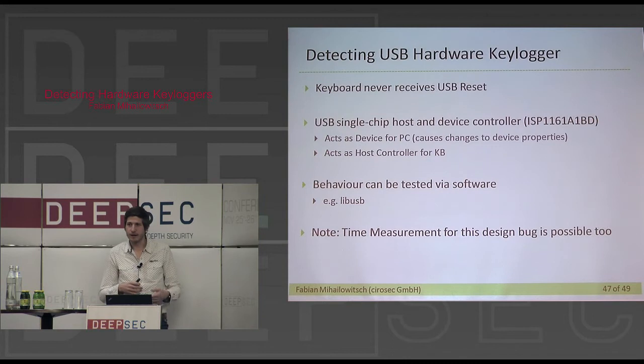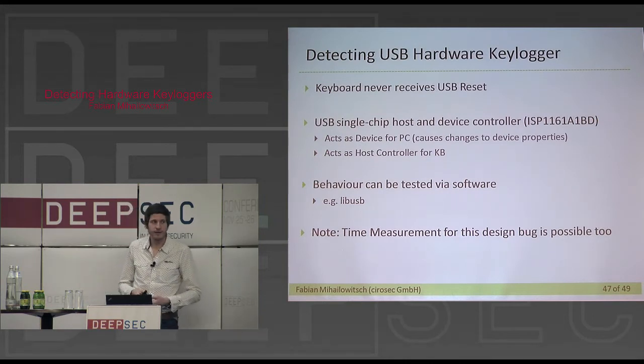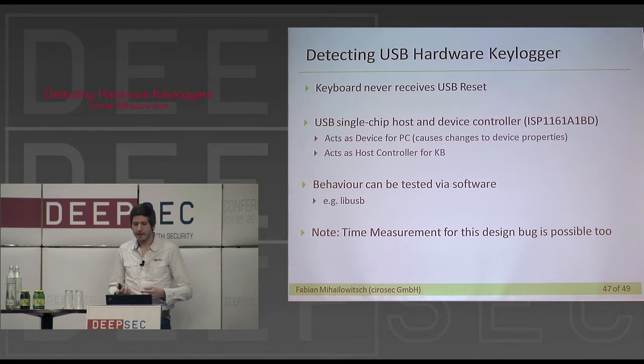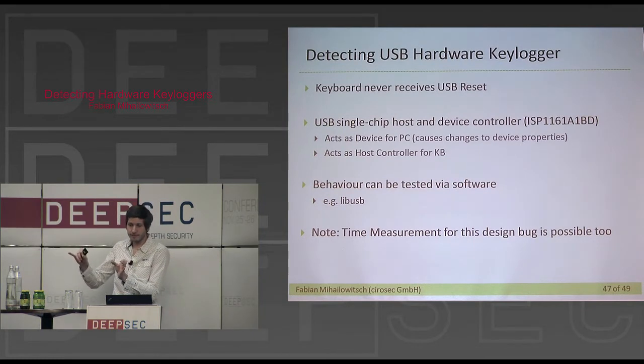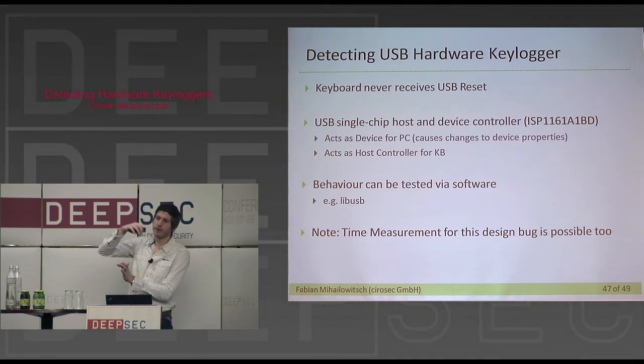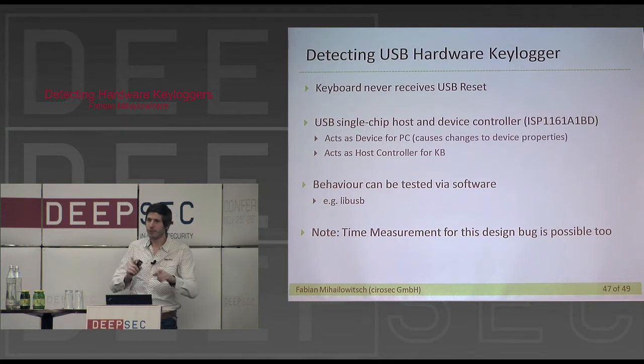If you take a close look at the hardware again, you can see that a USB single-chip host and device controller is used, which is the ISP1161A1BD. It basically acts as a device for the PC, and as a host controller for the keyboard. Now you might imagine why the device configuration changed, like I told you on the slides before. The reason is that it acts as its own device, and it is a full-speed device, and it says it isn't bus-powered, but it is powered otherwise.